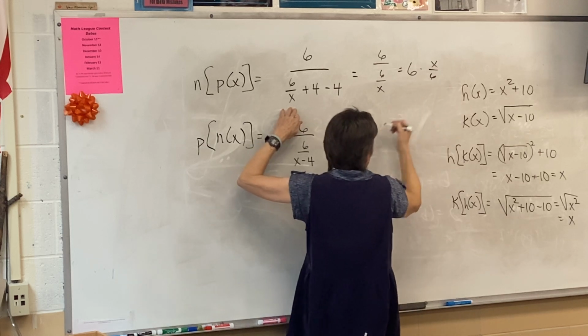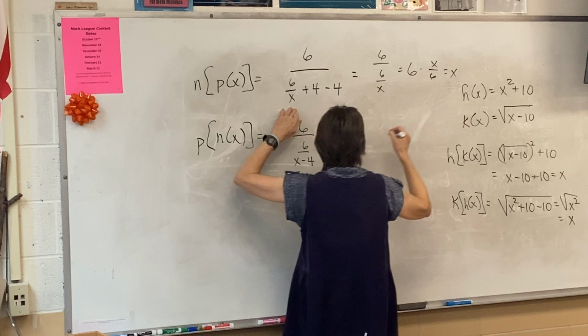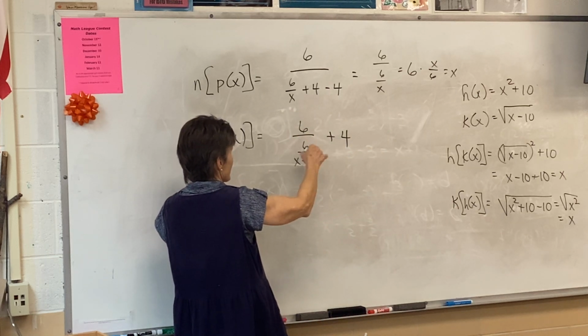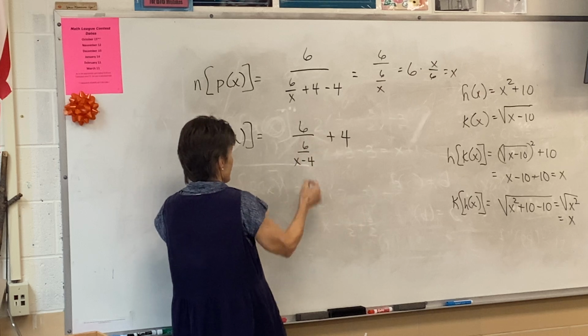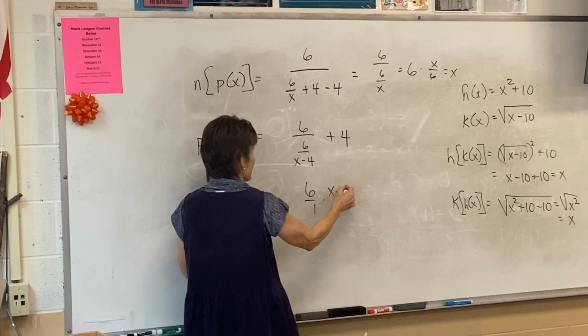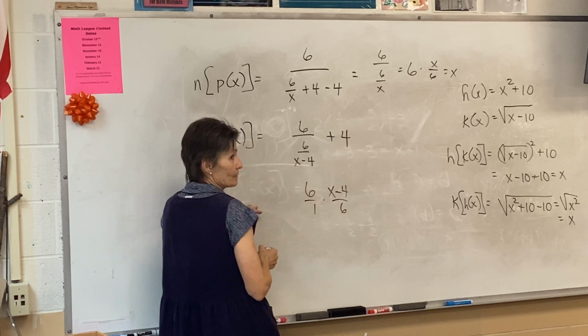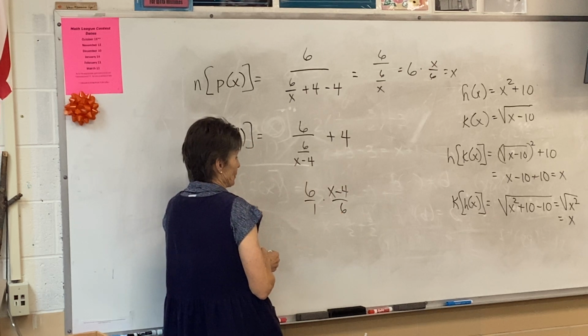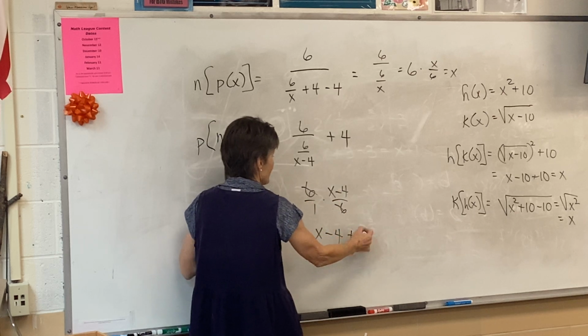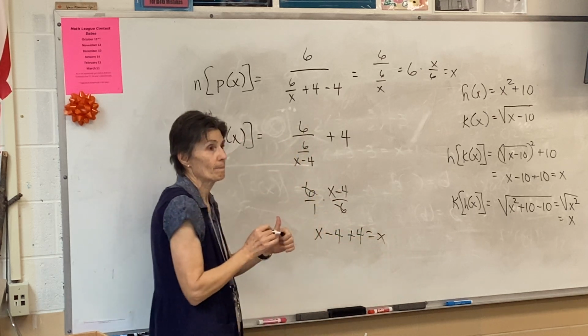Which is x, so that one worked out. Now this is a bit of a mess. Just this part is 6 times x minus 4 over 6, which is just x minus 4, but you still got that plus 4, so that one worked out too.